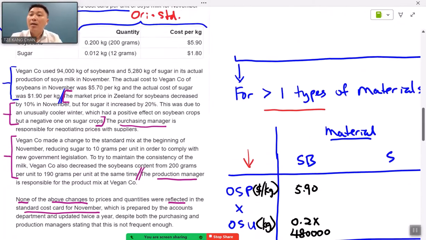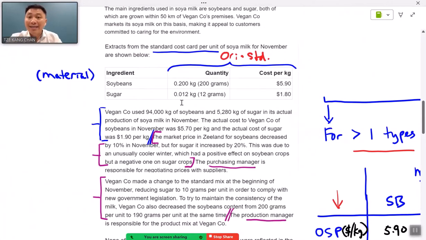Other than the standard cost card, the following information is found in the next paragraph. Based upon what you have read a while ago, you would notice the information in this paragraph clearly reflects the actual result, with the clues of past tense used in the description.